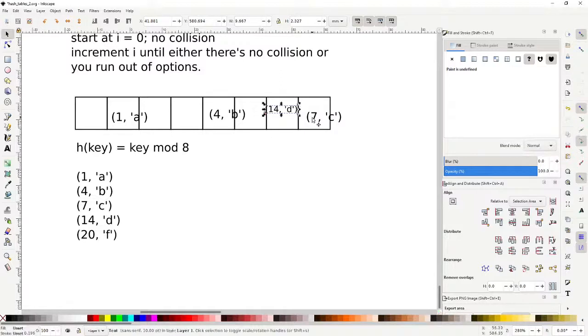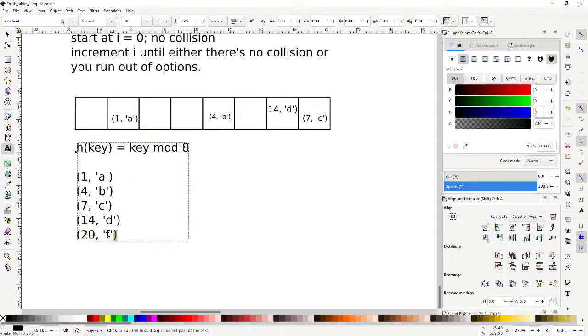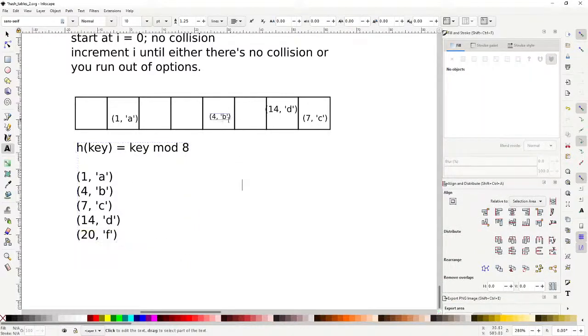Let's shrink these down a little bit so that they actually fit inside their boxes. And then 20 is also 4. So let's look at that. 20f is going to conflict with this because 20 mod 8 is equal to 4.